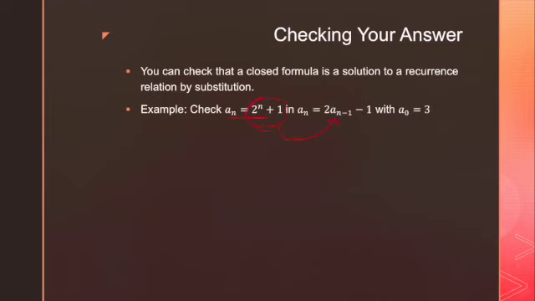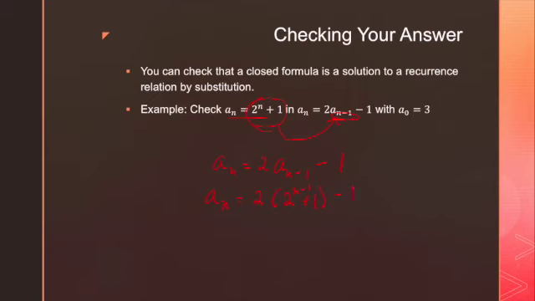So I have a sub n is 2 a sub n minus 1 minus 1. Now I have a sub n equals 2 times 2 to the n minus 1 plus 1, right? Because I got to substitute in for a sub n minus 1 minus 1. So let's go ahead and distribute that 2.